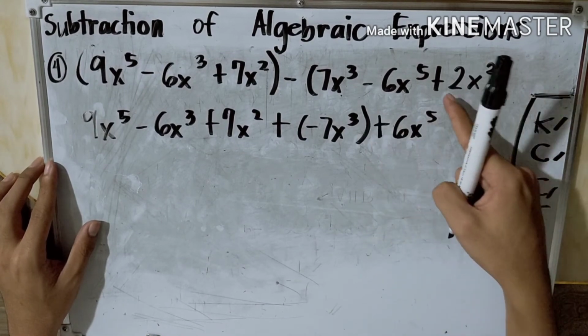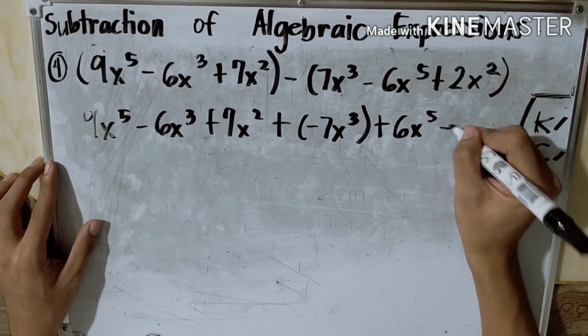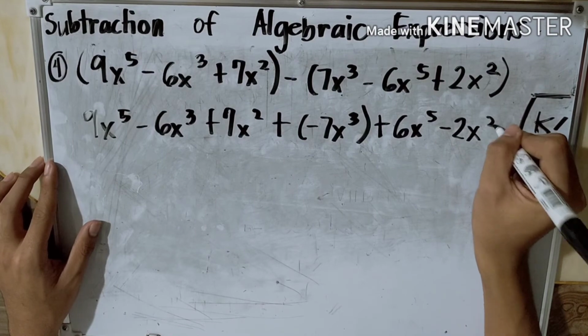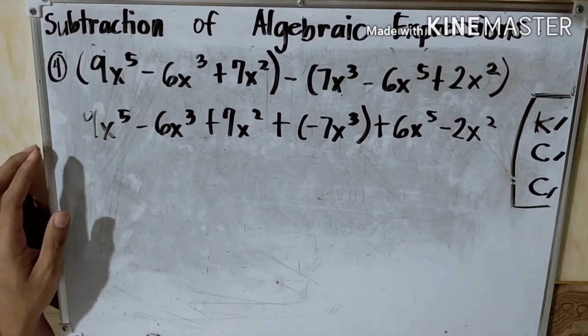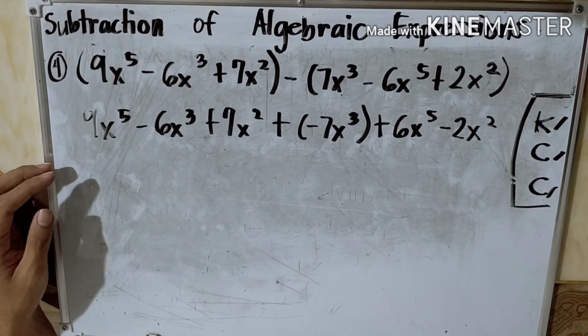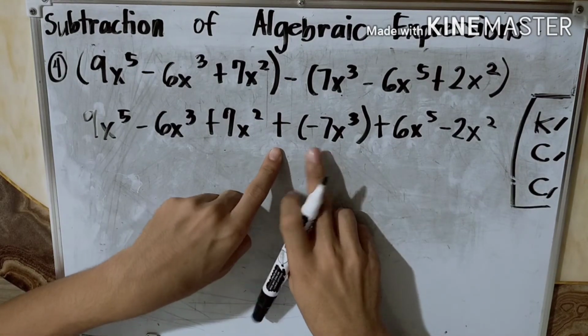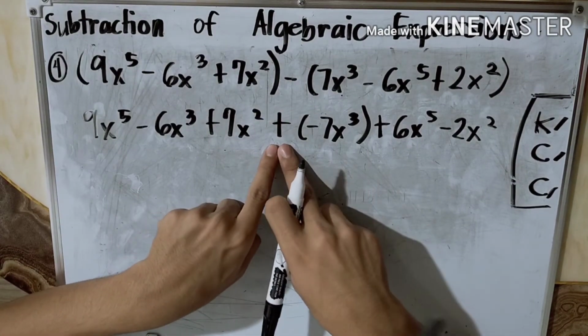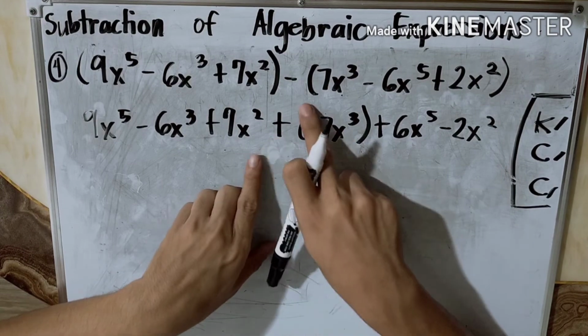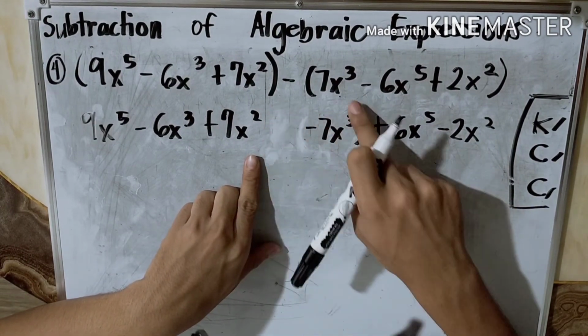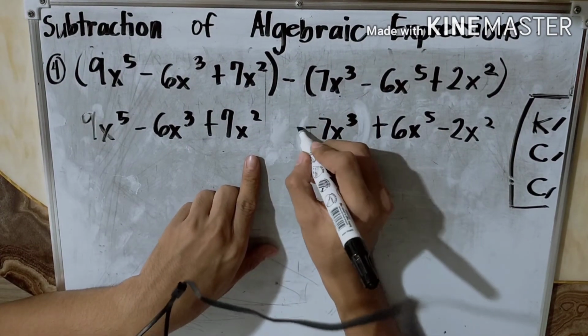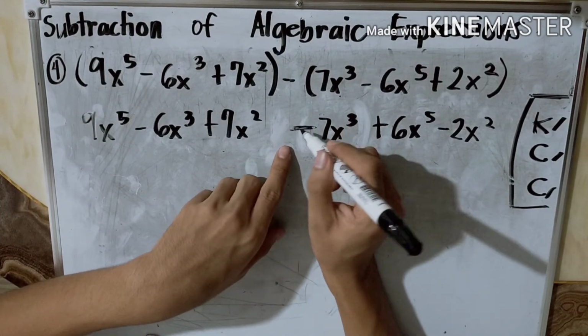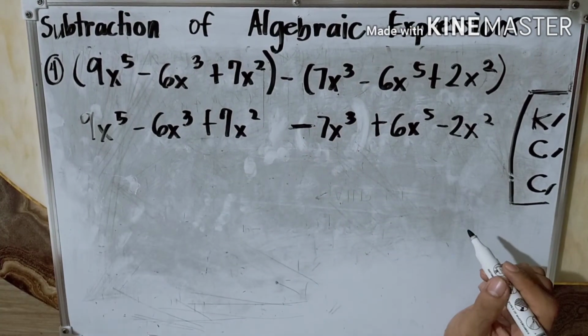Then, ang positive 2x squared will become negative 2x squared. After that, para ito ay maging isang operation na lamang, you multiply positive by negative, it will become negative 7x cubed. Okay, para wala na yung ating parentheses. Kasi positive times negative is equal to negative.